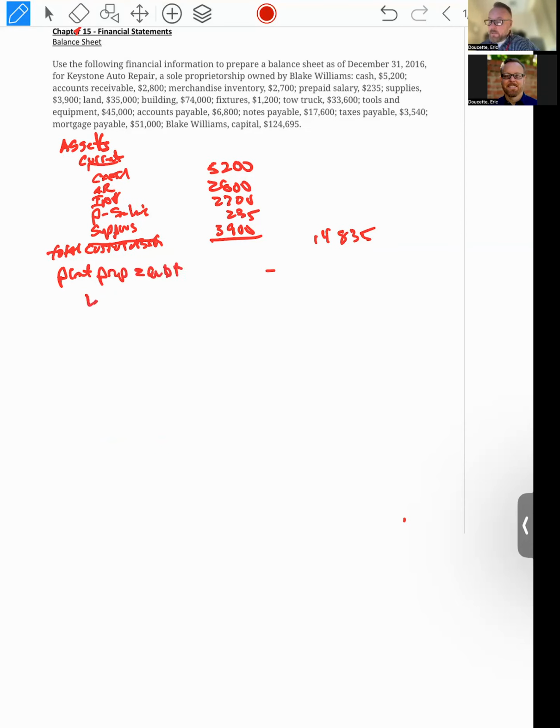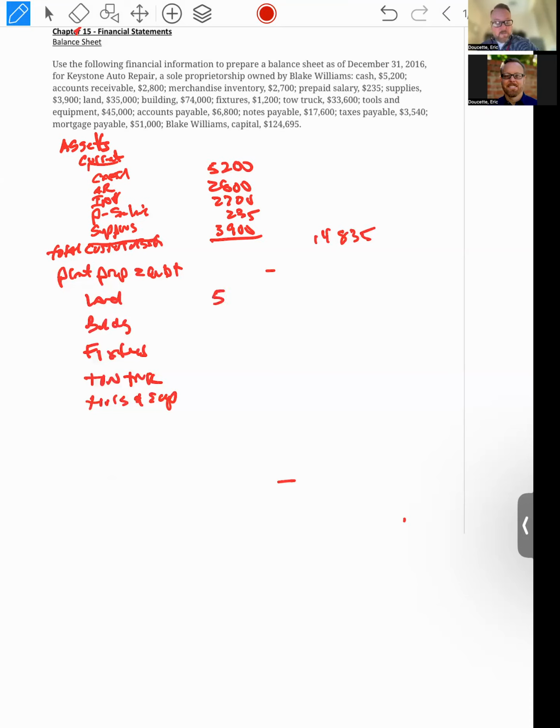And in that one, I have land, building, fixtures, tow truck, tools, and equipment. So that would be drawn there. Then I would put the dollar value in for each of those.